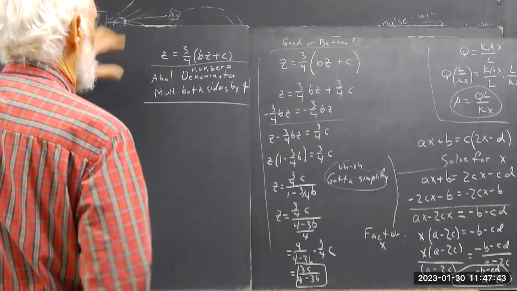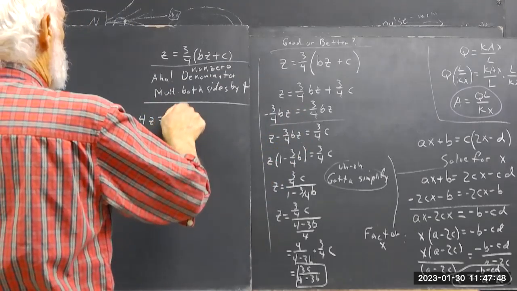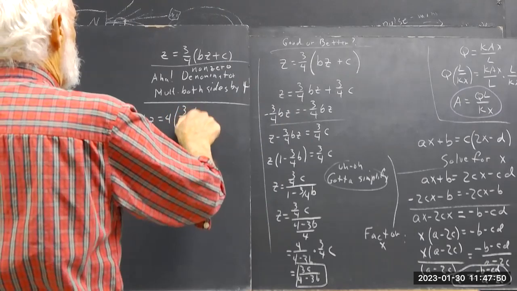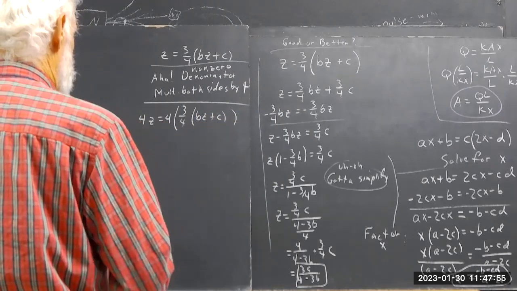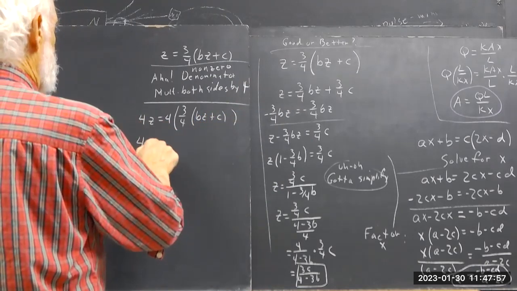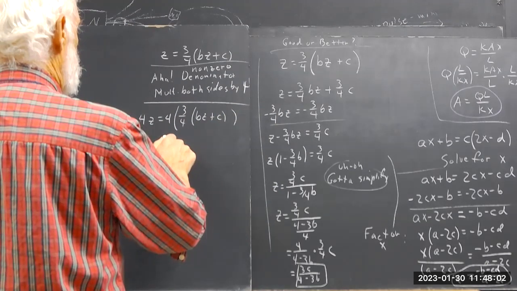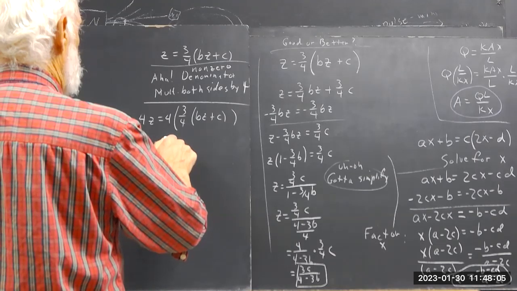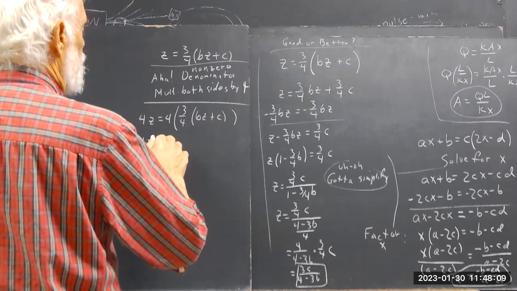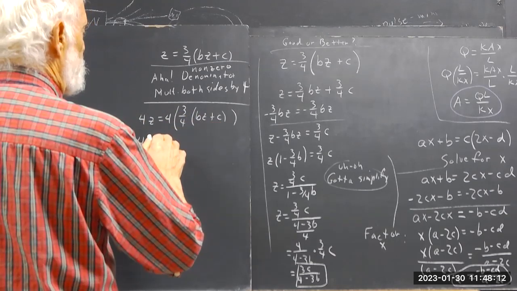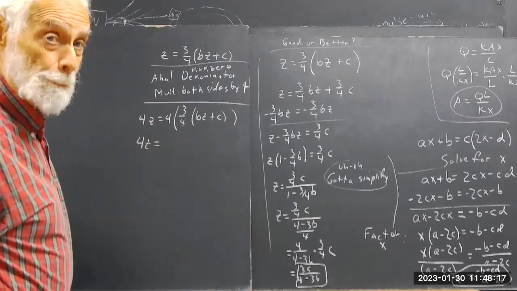We're going to multiply both sides by 4. We get 4z equals 4 times 3/4 times (bz plus c). With my parentheses anyhow, 4 times 3/4 is 3, right?